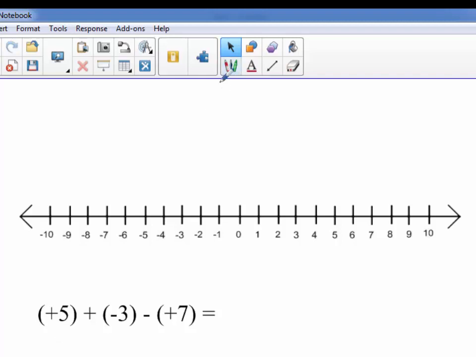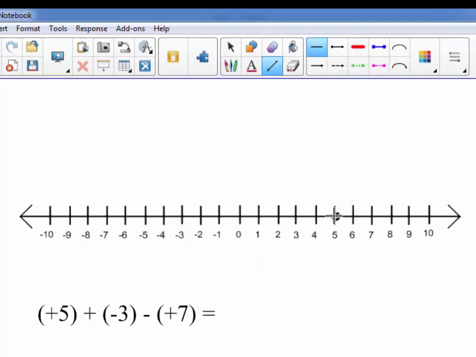I go to +5 and locate it, and after that I go 1 step up to start the next step. Next step, I'm adding, so if it's negative I go to the left right away. This is what we know. Because I'm adding, I go 3 steps to the left because it's a negative number. So 3 to the left, 1, 2 and 3.